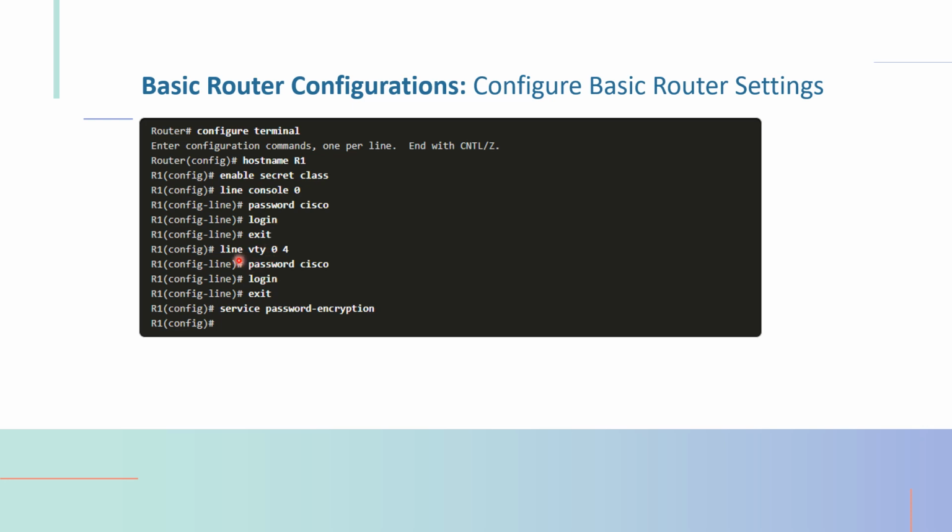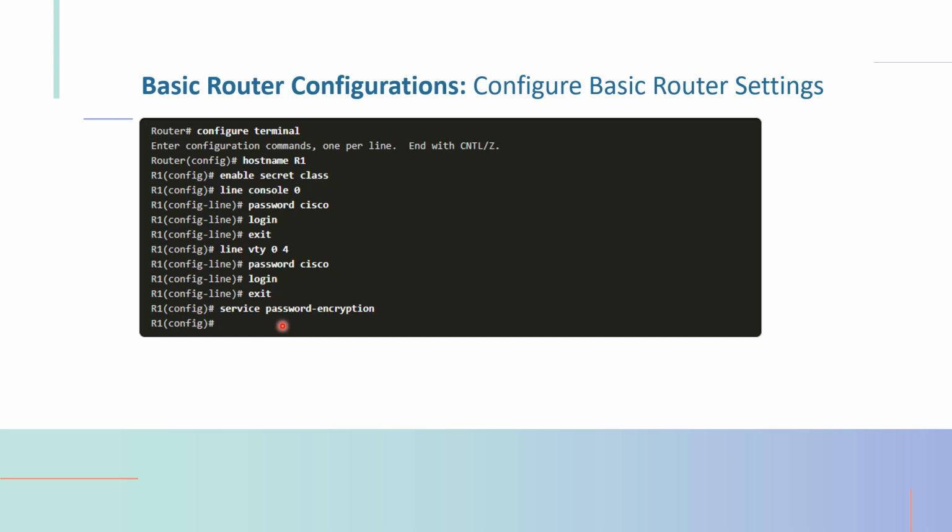Then we enter the virtual lines; in this case, we are configuring 5 virtual lines. Again we configure the password, and after we have configured the passwords for the privileged access mode, the line console and the virtual terminal lines, we need to encrypt all these passwords.